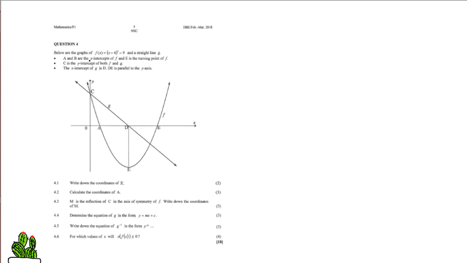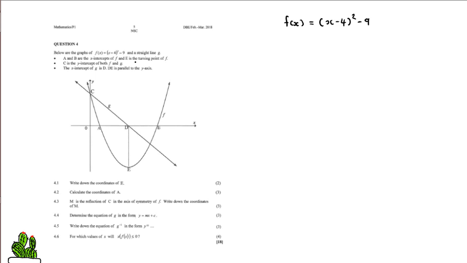Okay, it states that below you have the graph of f. So we're given the formula f of x is equals to x minus 4 squared minus 9. So this is obviously our parabola and it's given to us in the vertex form. Alright, so that's given information. And then they tell you that the straight line is the graph of g. Okay, fine. Further, they tell you that B and A are the x-intercepts of f.